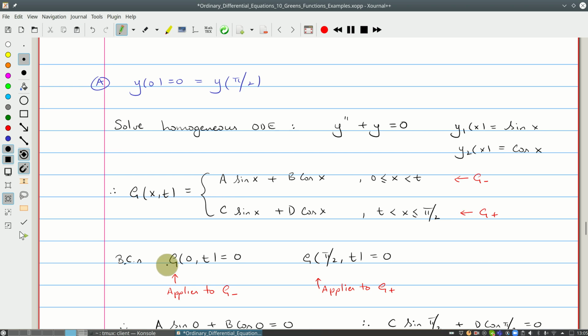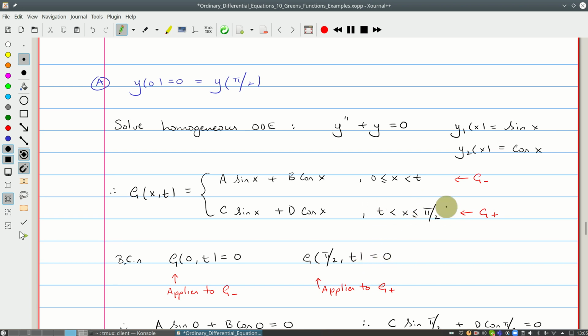We apply our boundary conditions. At the point x is equal to 0, g of 0 comma t is 0. This applies to g minus because it's on the left hand boundary, that's the one which accesses the left hand boundary. And then we have a condition on the right hand boundary. When x is pi over 2, g of pi over 2 comma t is 0.